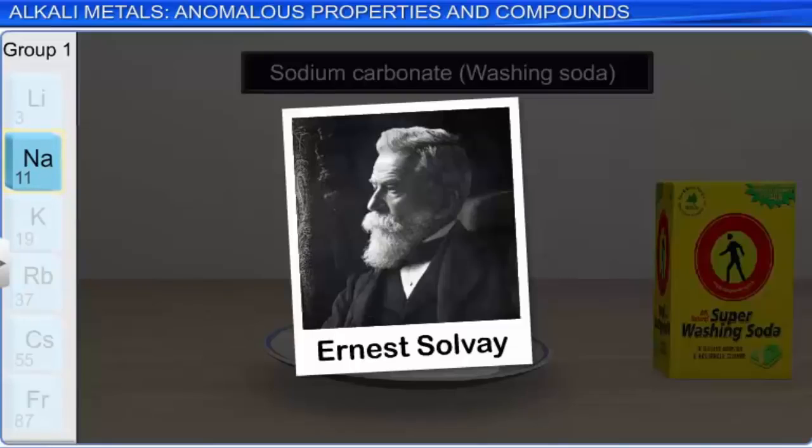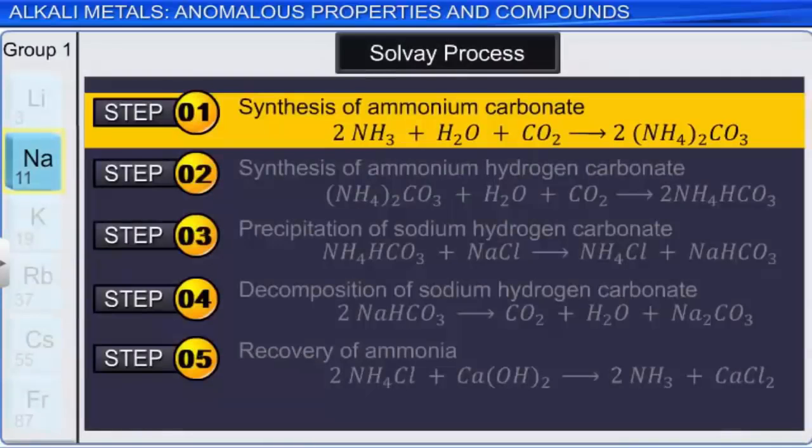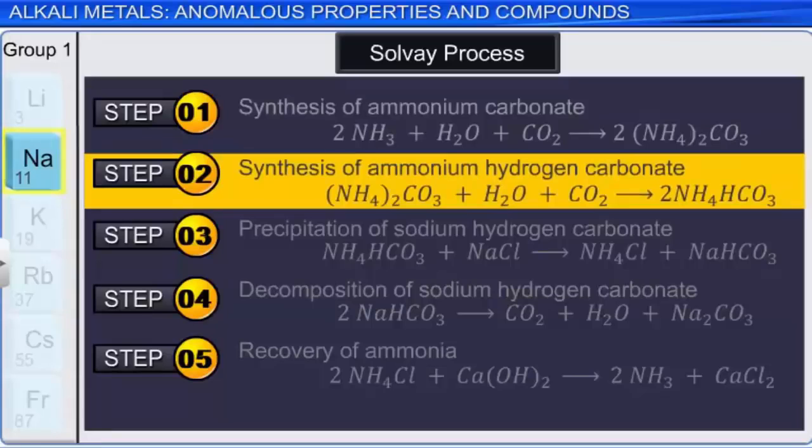In the first step, ammonium carbonate is synthesized from ammonia, water, and carbon dioxide, as shown in the reaction. Then, the ammonium carbonate formed in the first step is reacted with water and carbon dioxide to form ammonium hydrogen carbonate, as shown in the reaction given.